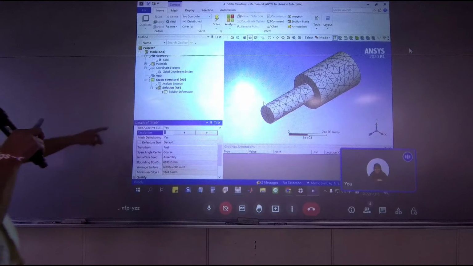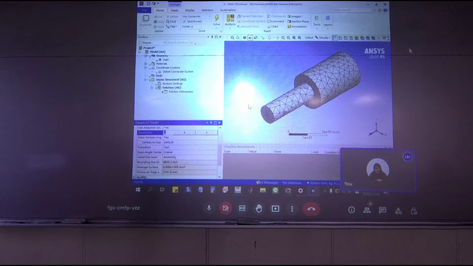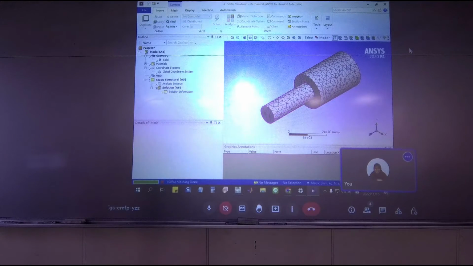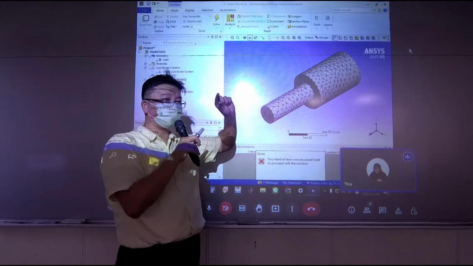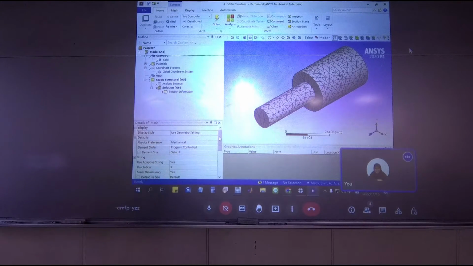Okay. So let's try to change the resolution to a greater number. Okay, and I think you need to solve. So now you can see they become smaller. The element, can you change it to, let's say, 5?